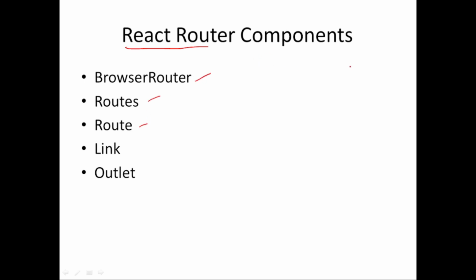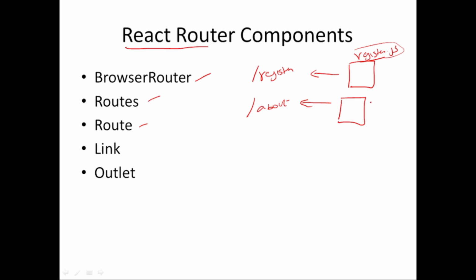What I told you is we have a component, and this component is mapped to a URL. Say slash register is mapped to which component? Register.js. This is the file containing the register component. Likewise, slash about, this is the URL that's mapped to which component? That is the about.js file containing the about component.